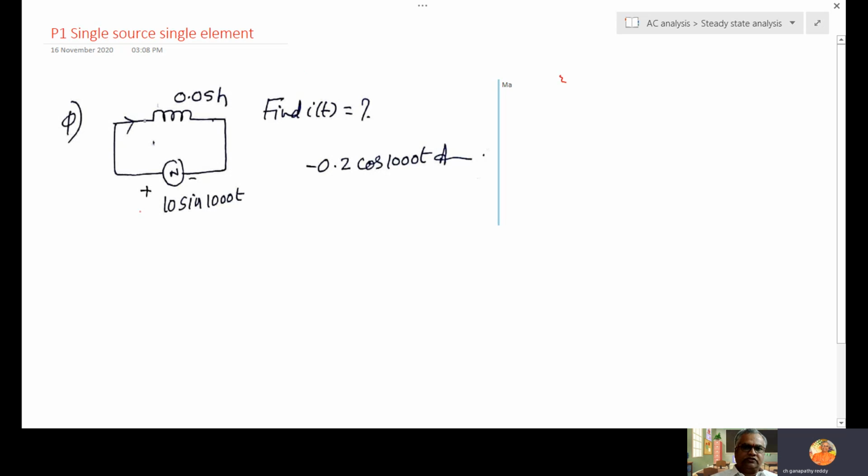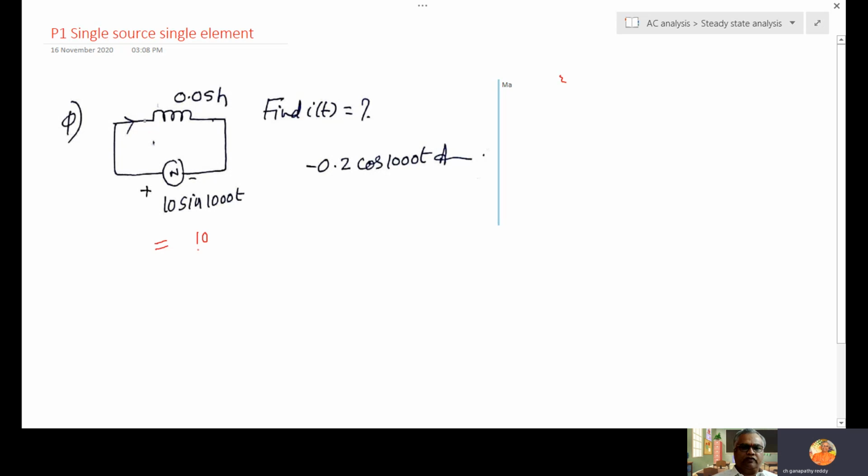So let us start with one simplest model. One AC source and one inductor, single source, single element, and find this i of t. So what are the standard rules? Convert source into phasor form.